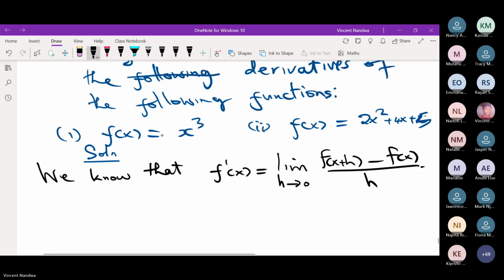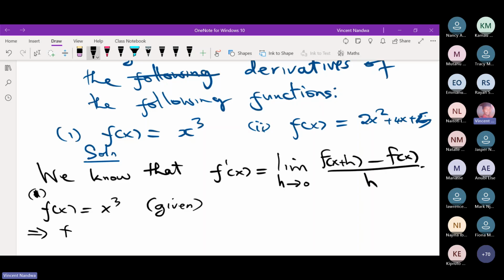So in the first case, f of x is given by x power 3. So this is what the equation is. If f of x is x cubed, what will f of x plus h be?